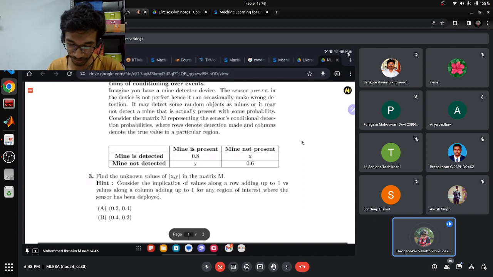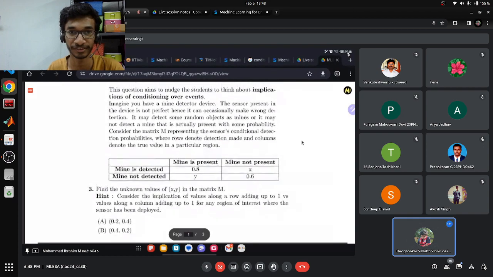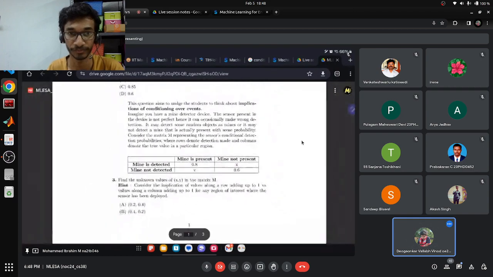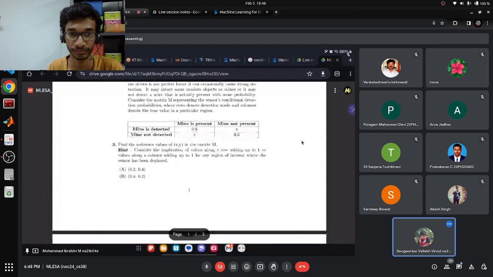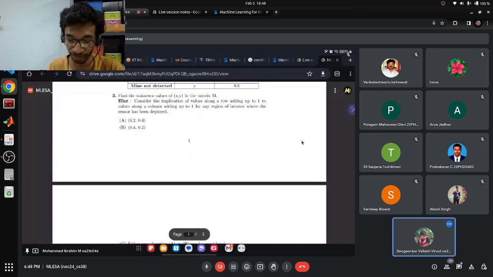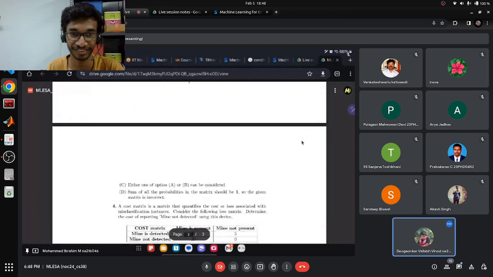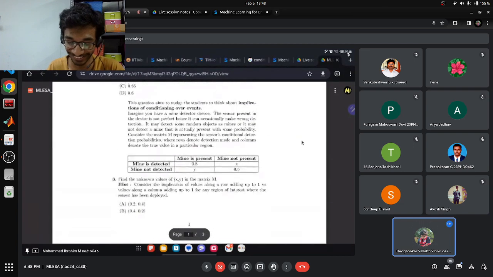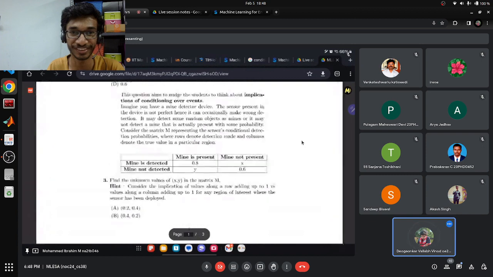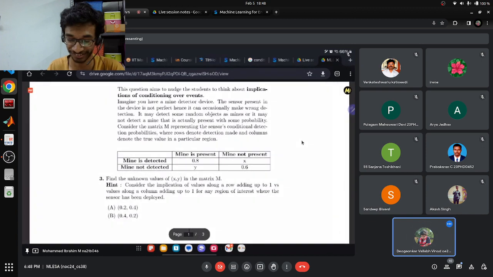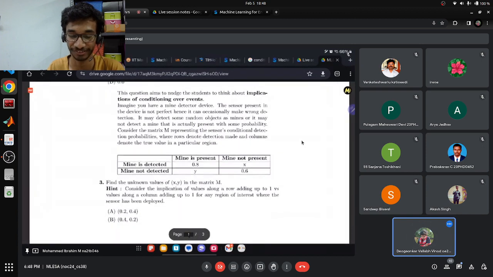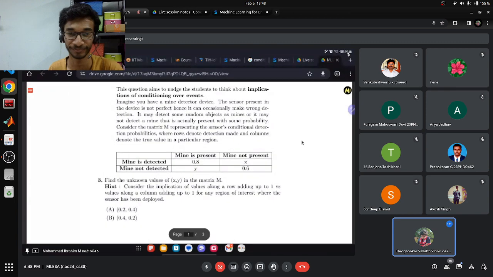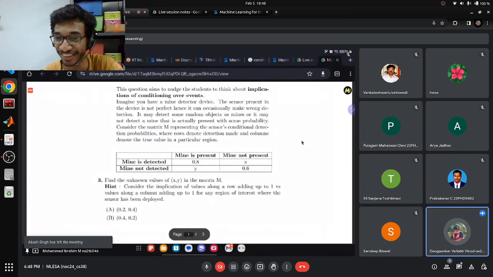Maybe all the options are not visible here. Yeah, they are on the next page. Okay, but basically the answer is one of these, so I'll just keep these two. Now the probability of you getting the correct answer is 50%.